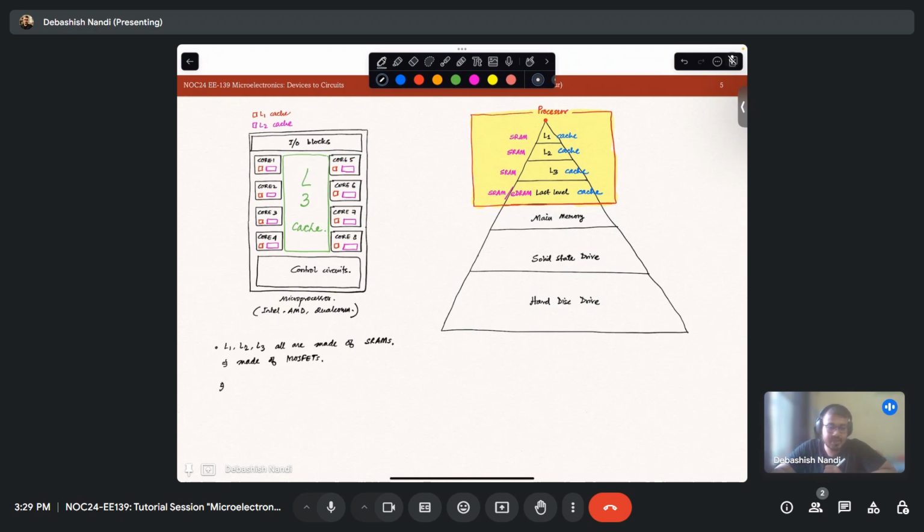So can you tell me the area of MOSFETs of L1, L2, and L3? Which of these level 1, 2, 3 caches should have the largest size of the transistors? Just pause the video and think for a minute.